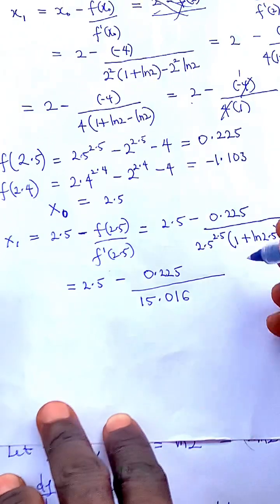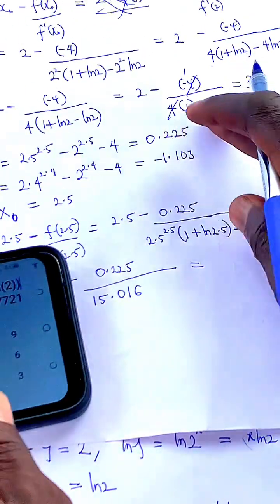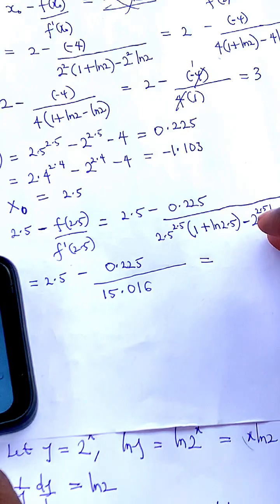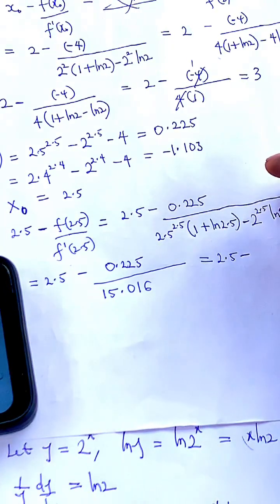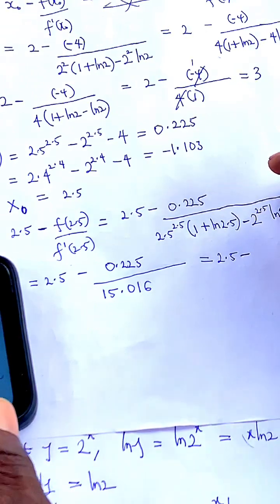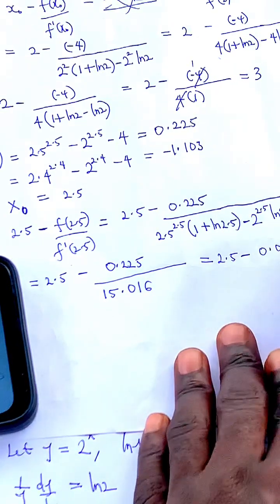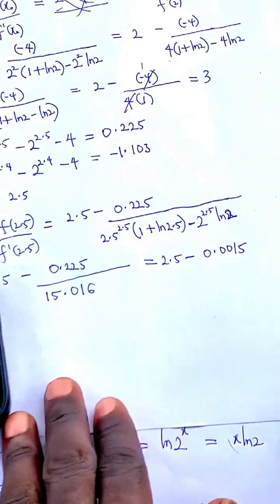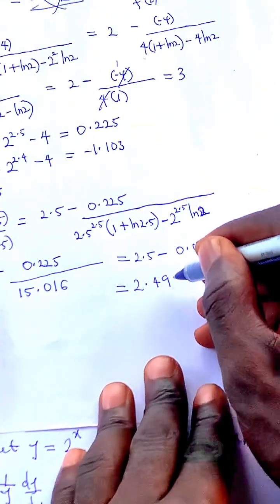All right, now we have this. So let's continue to subtract. 2.5 minus 0.0225 divided by 15.016 is 0.0015, and is equal to 2.5 minus 0.0015, which is 2.4985.